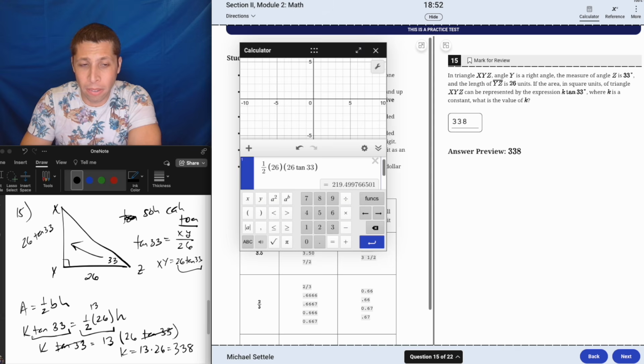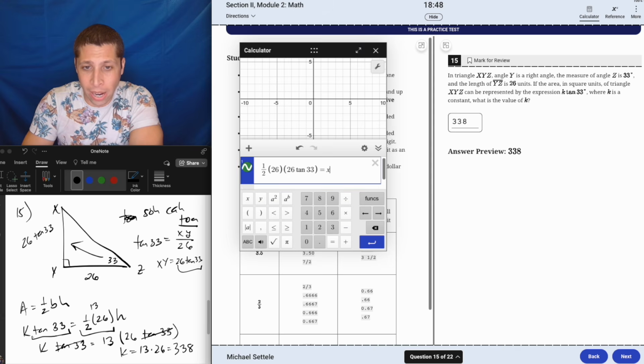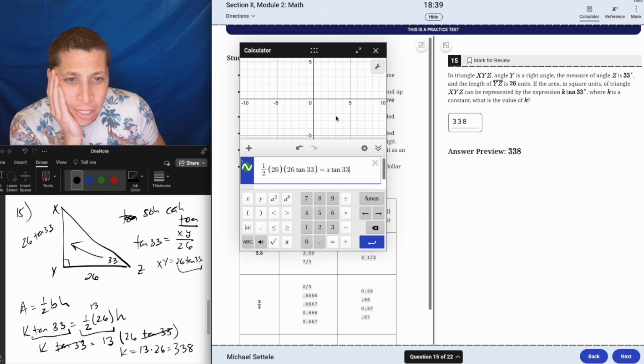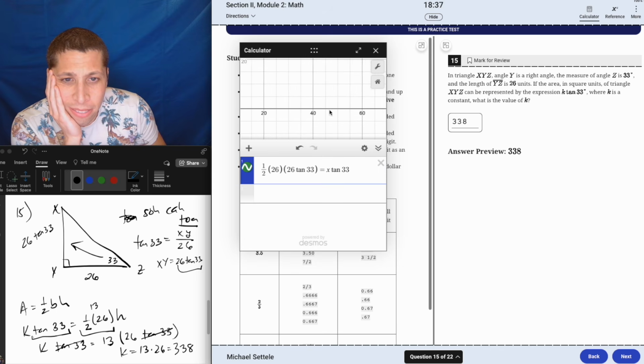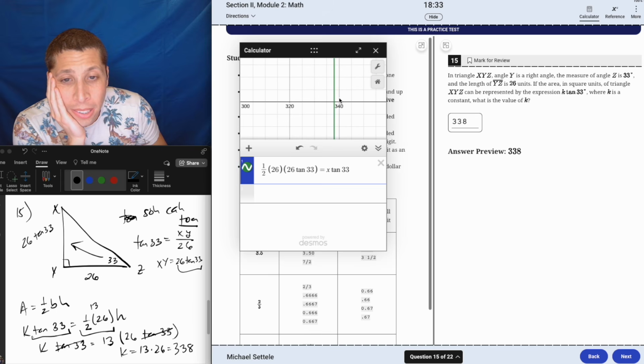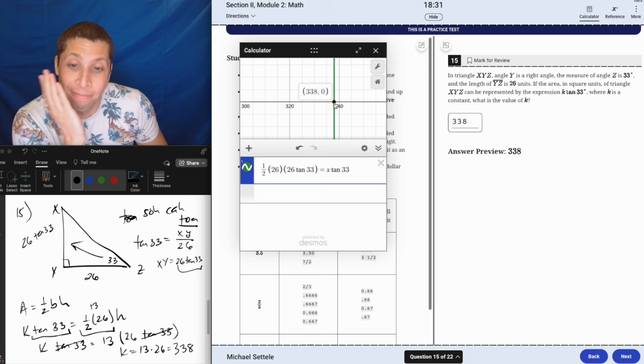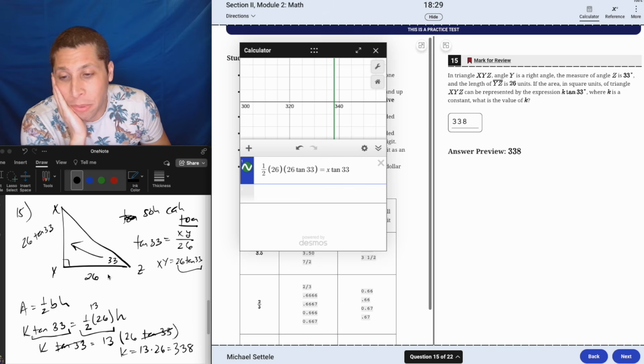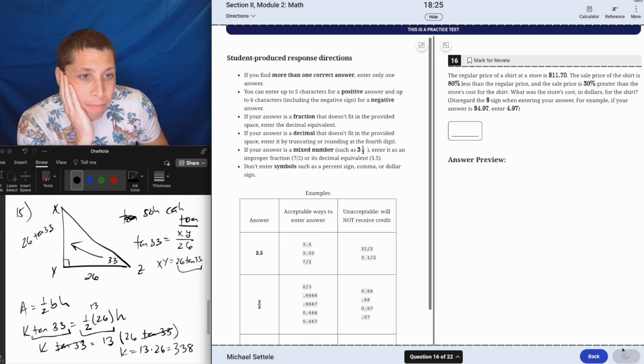So that's some number. And that's equal to K, or X. Let's do an X so that we can graph the answer. Tan 33. And X should be 338. Let's bookmark it. I don't know. Unless I'm just conceptually thinking about this. My brain is a little fried, but all right, let's just move on.